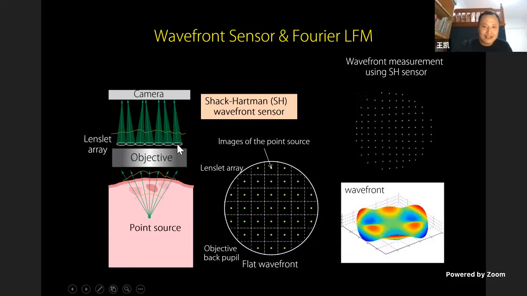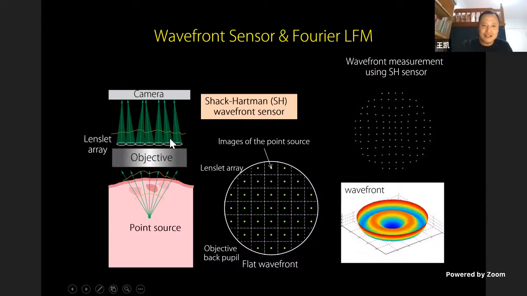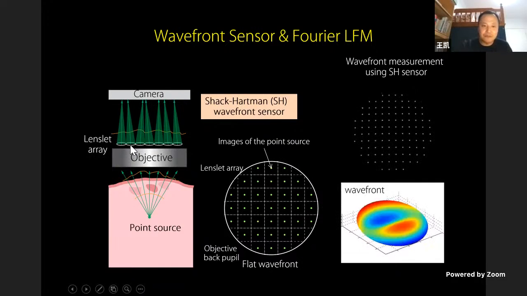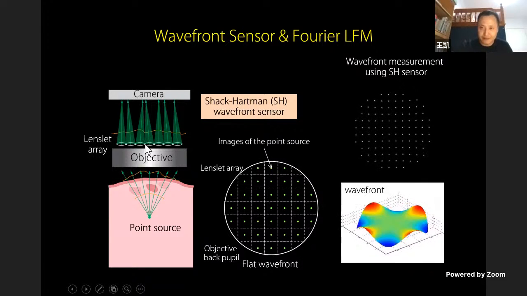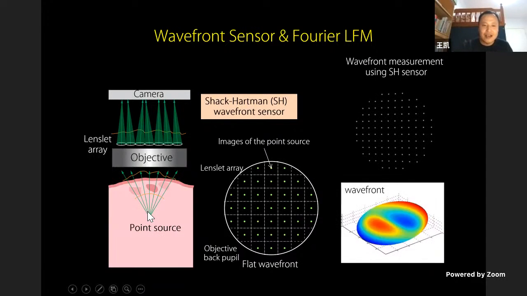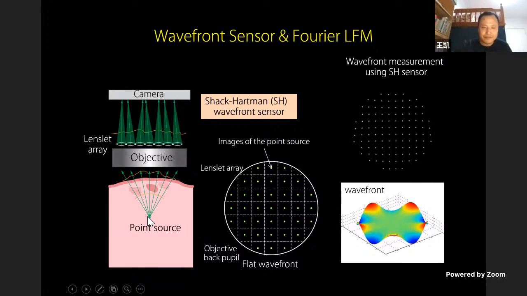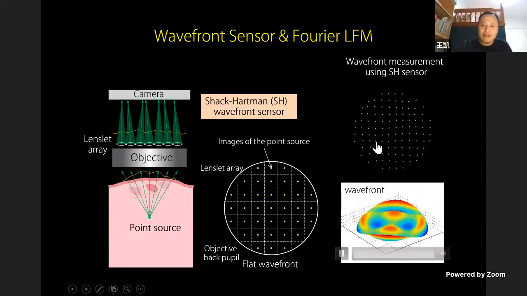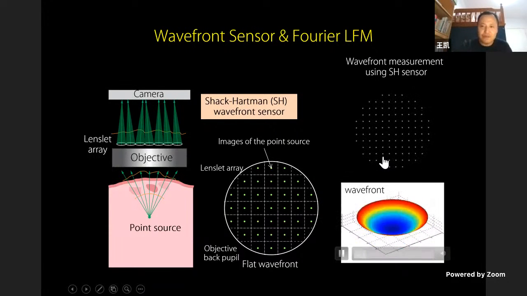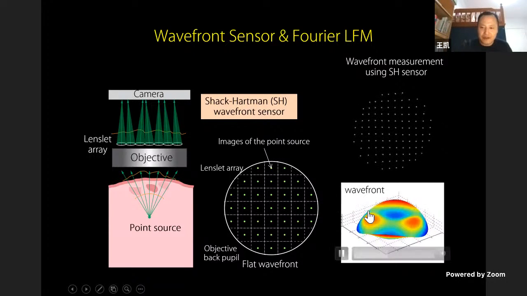It also has a microlens array, but this array is placed at a focal plane, not an imaging plane. The way it works in adaptive optics is that if you have a point source, then on the camera you will have an array of points. That's the image formed by this microlens array. And depending on how this array changes, you can infer the wavefront aberration.